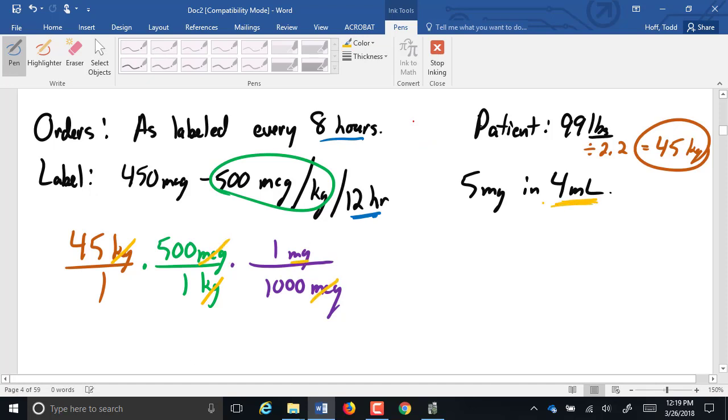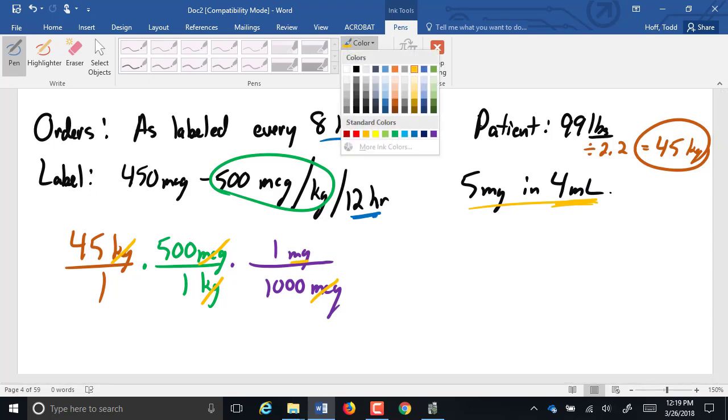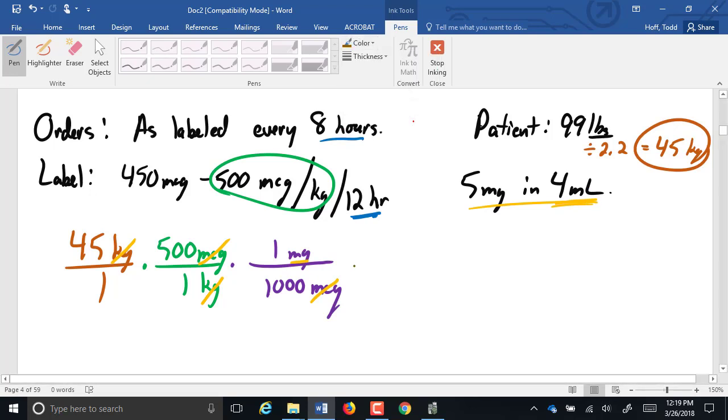But this was given as milligrams per milliliter. Assuming this is a liquid medication, we have to go on to our volume of liquid to be administered. We're going to put milligrams on bottom. That's the 5 milligrams in 4 milliliters.